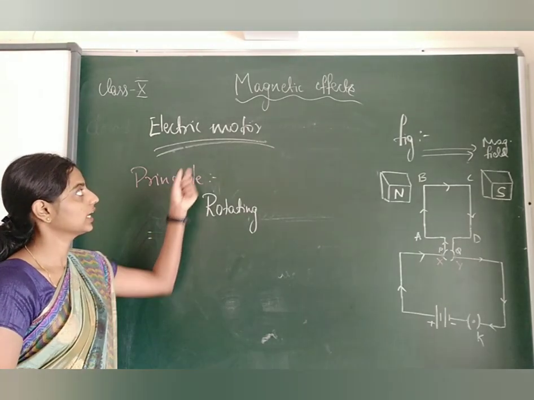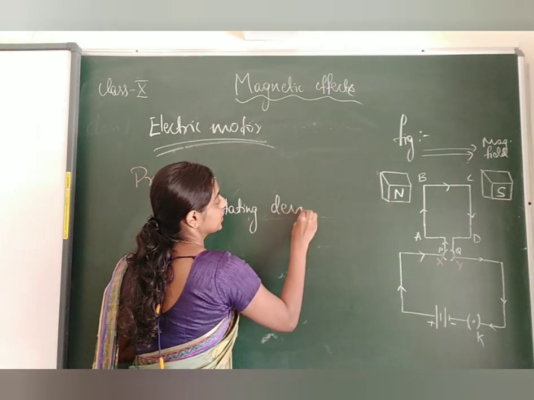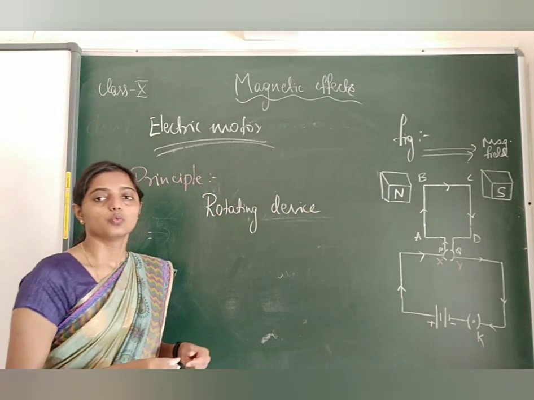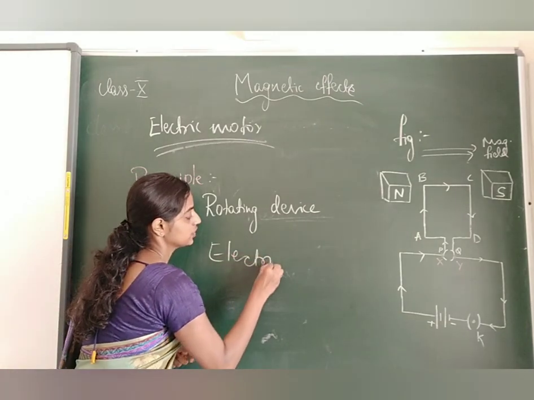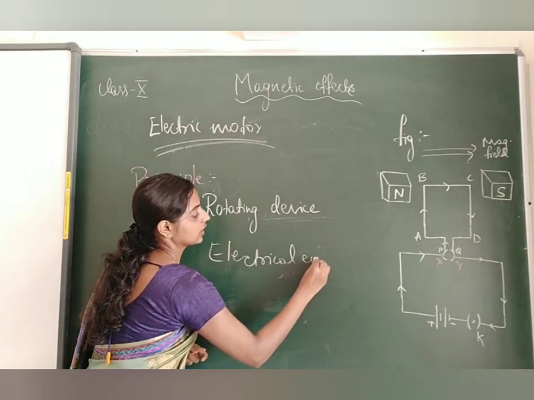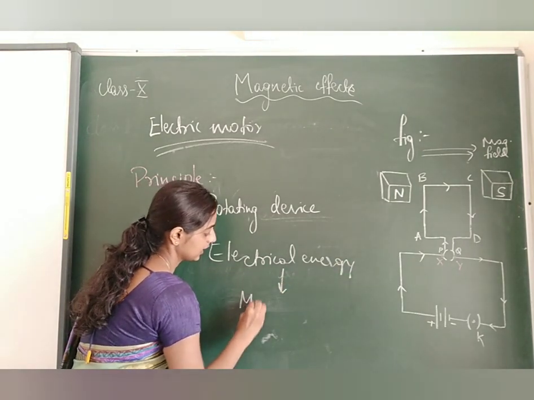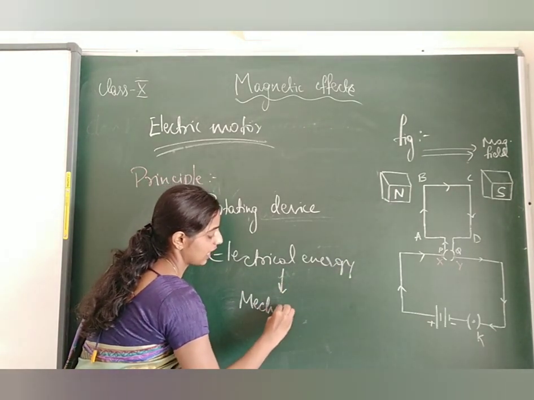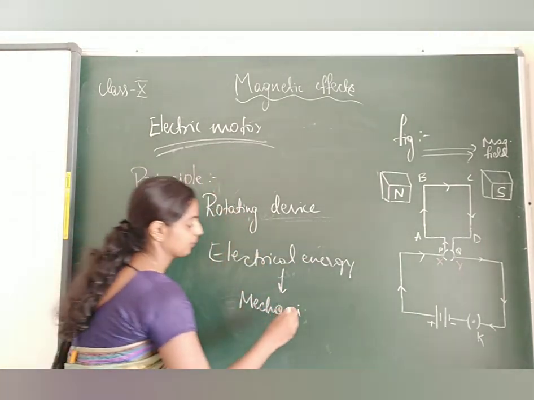In principle, an electric motor is a rotating device which converts electrical energy into mechanical energy. For 1 mark they will ask what is the principle of the electric motor?